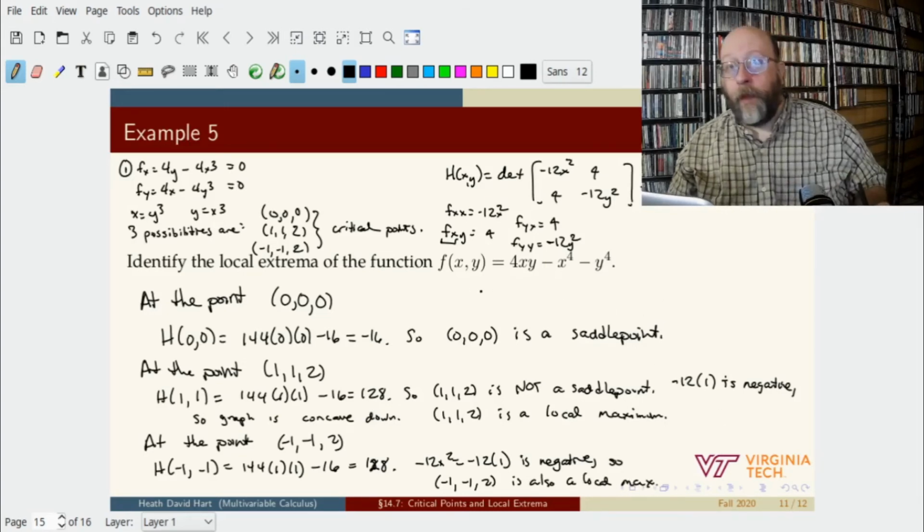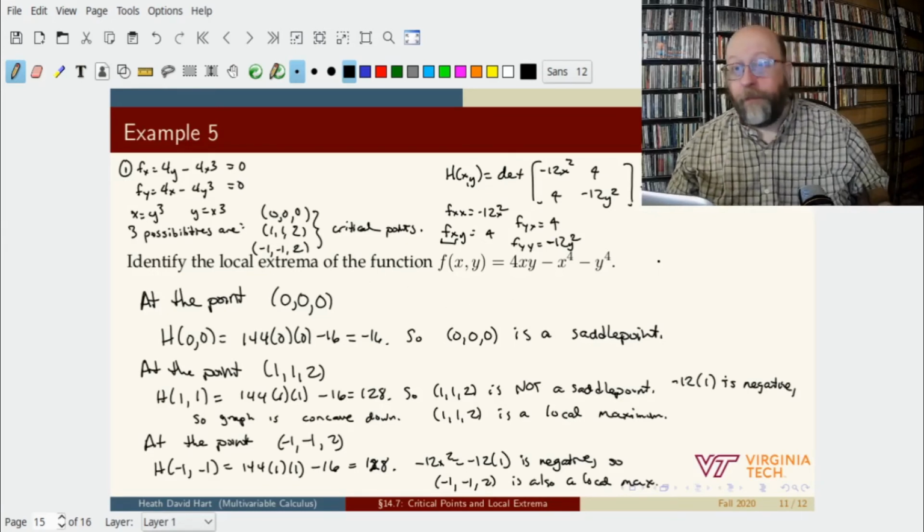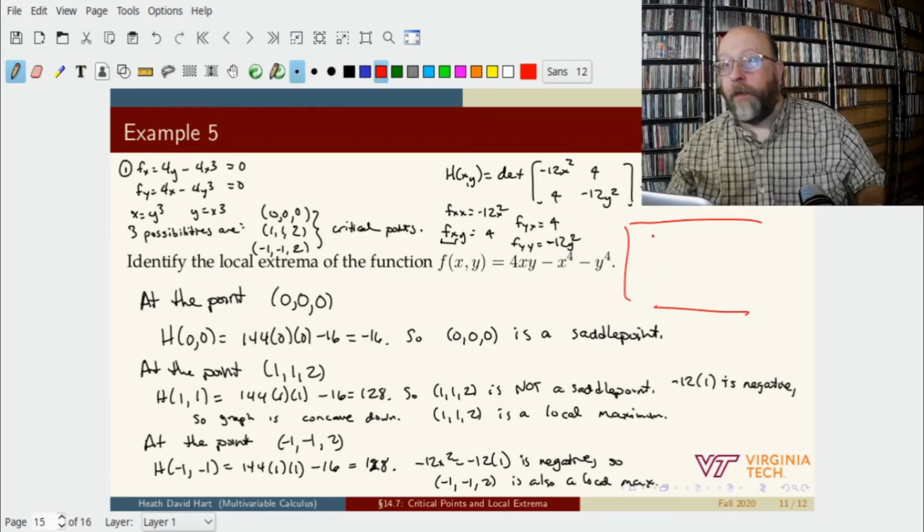And so we have identified all of the local extrema. The final answer is that there are 3 points that we have to identify. The origin is a saddle point.